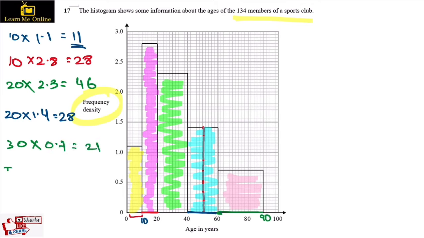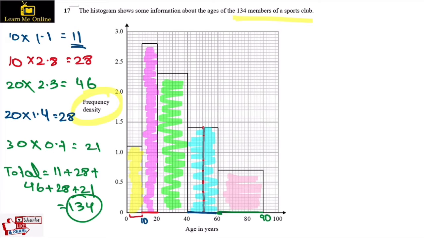So if you add them together, the total is 11 plus 28 plus 46 plus 28 and 21. That would be 134, which is actually given to us in the question as well.